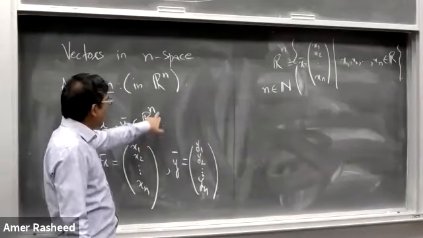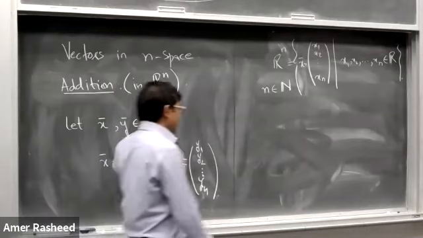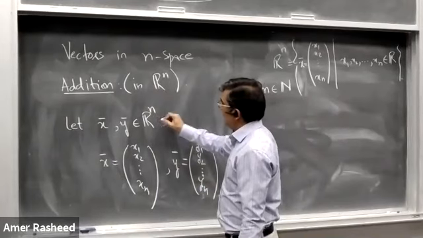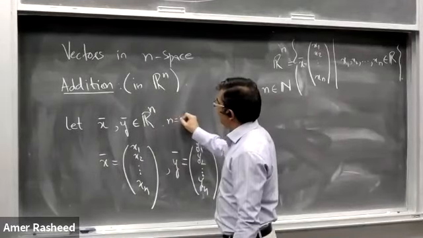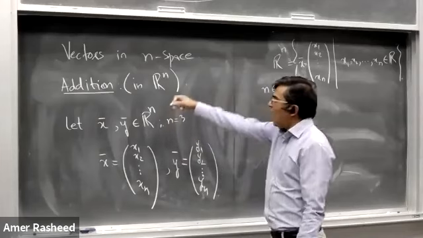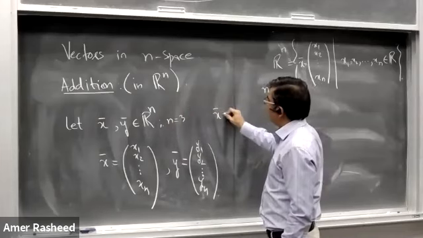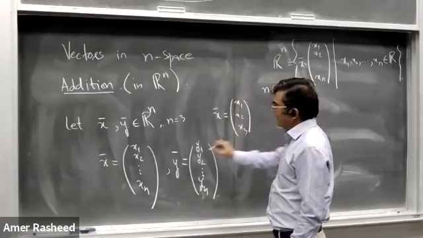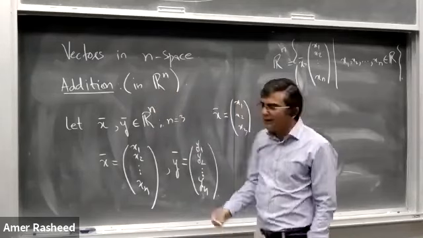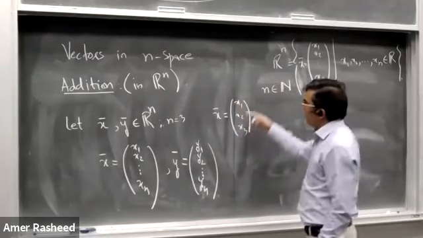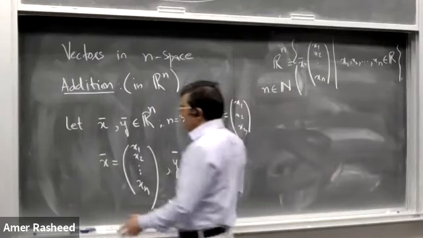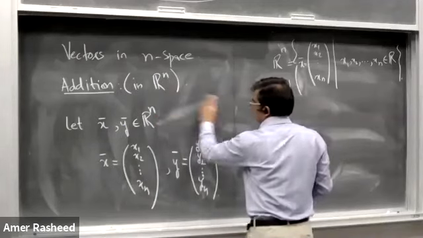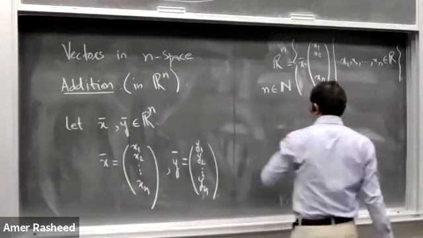Whenever I see Rn, for example R cube, where n is equal to 3, then I would definitely write x as x1, x2, x3, because I know that n is equal to 3. Similarly, y as y1, y2, y3. So nobody should have to tell me how to write these elements of the vectors. It is obvious.